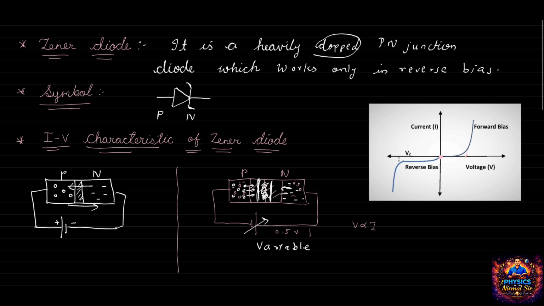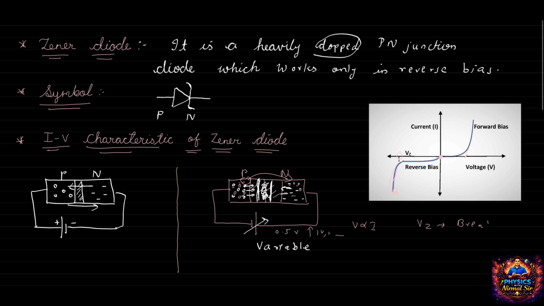Now if you slowly increase around 1 volt and 1.5, voltage and current both increase, but at a certain voltage, all the minority charges will directly go to the N type, and due to which there is a shoot in current in reverse bias, at this point. Here you can see the reverse bias action, and this voltage at which current suddenly shoots in the opposite direction is called VZ.